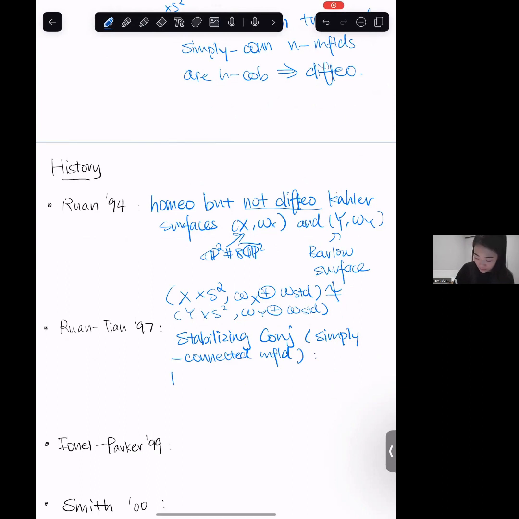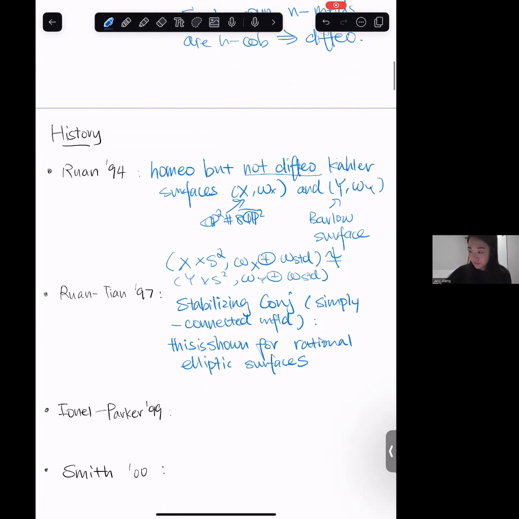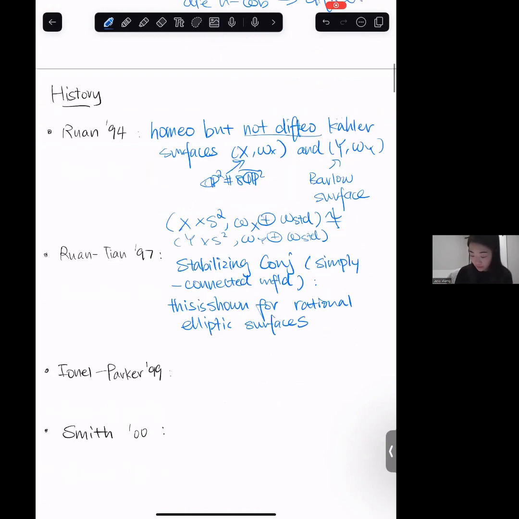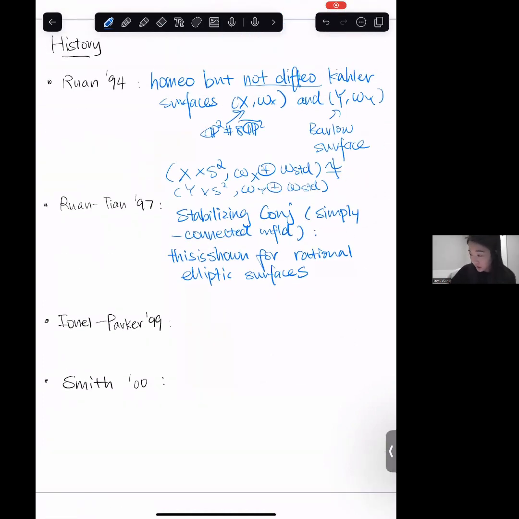And then they show this for rational elliptic surfaces, meaning that given two non-diffeomorphic, homeomorphic rational elliptic surfaces, they construct symplectic forms on them so that the 6 manifolds remain non-deformation equivalent. And then Yonoparker also showed this for EN using slightly different methods.